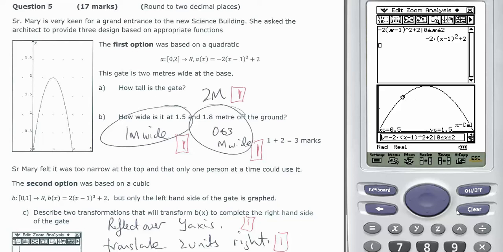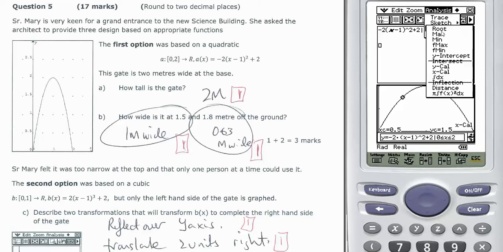And if I go across, the other X value should be over here, so it's going to be 1 meter wide, so I'm going to go from 0.5 to 1.5, which gives me a gap here of 1 meter.